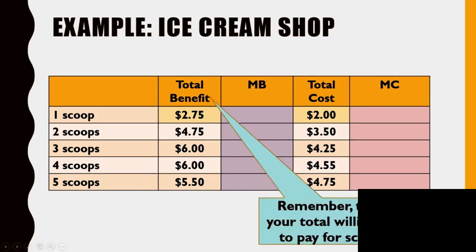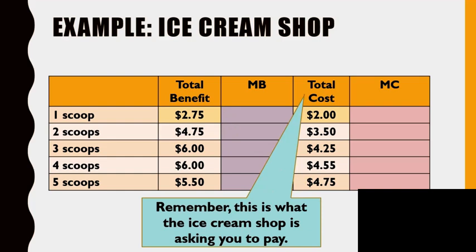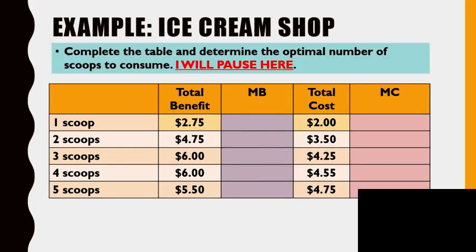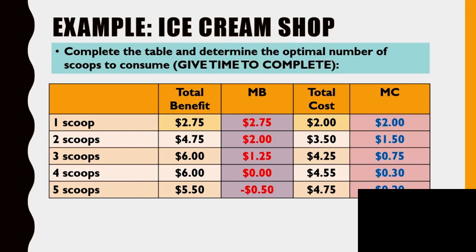All right, let's check our work. Remember, total benefits is our total willingness to pay for ice cream here. So we're trying to decide what's the optimal number of scoops of ice cream to eat. And total cost is what you're being asked to pay. Check your work. Make sure everything is correct.